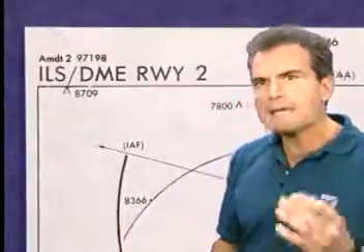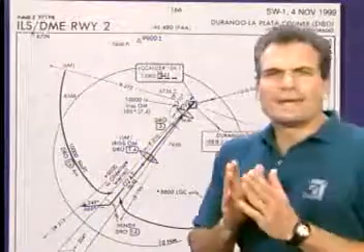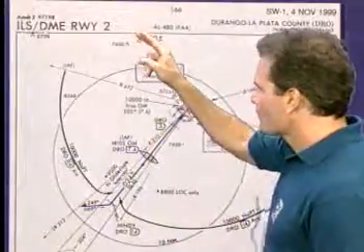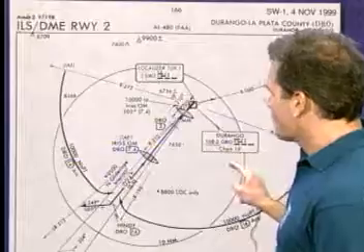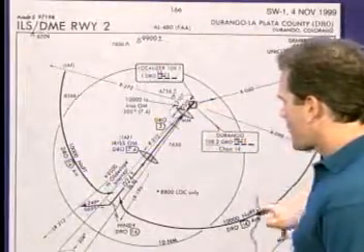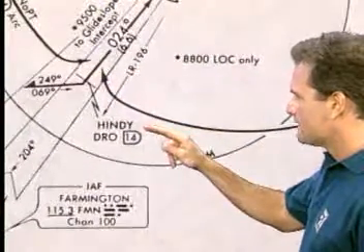The DME in the name tells you that you must have DME equipment or an approved DME substitute like an IFR GPS to fly that approach. So, in the case of the ILS DME Runway 2 approach, you would use the Durango VOR DME to fly an arc and locate the Hindi intersection designated here.